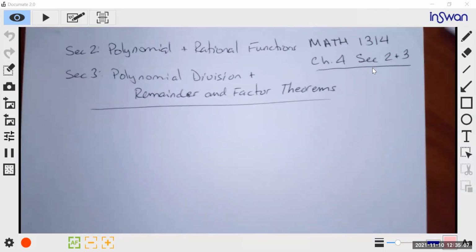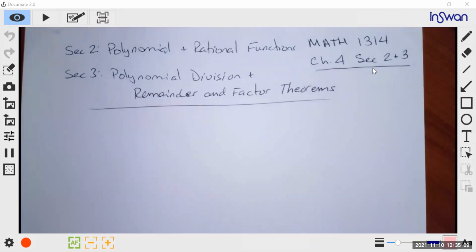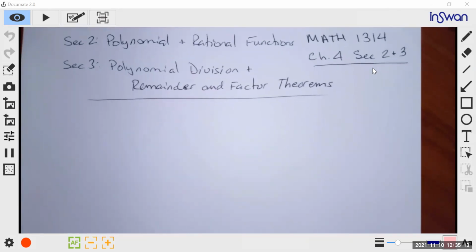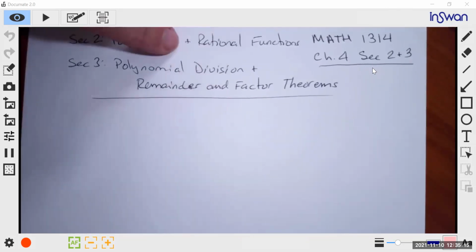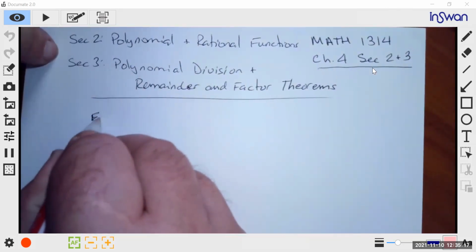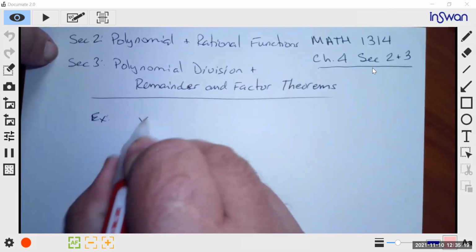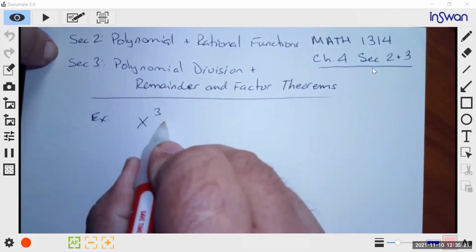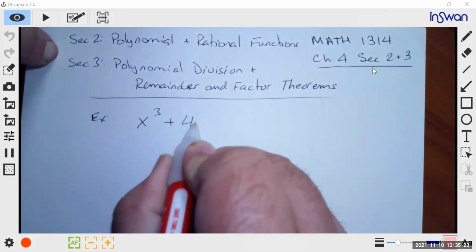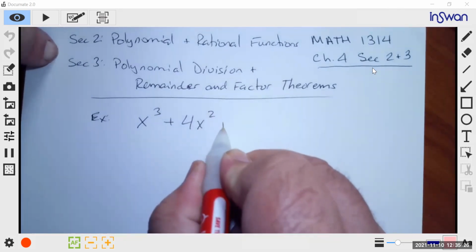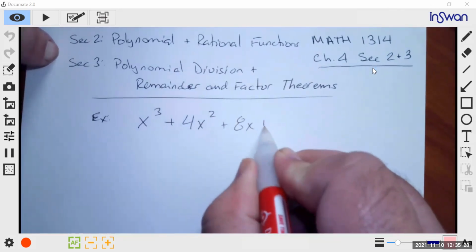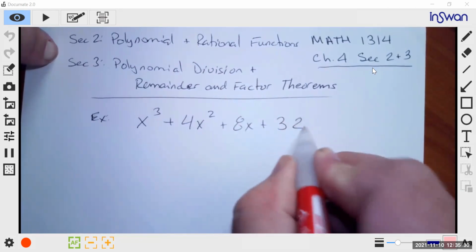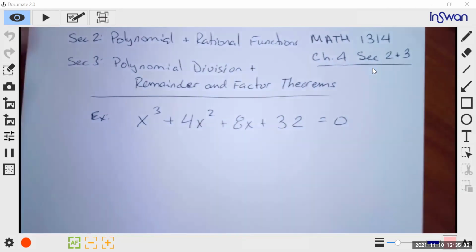Now we're getting close to being able to solve our own equations. For example, x cubed plus 4x squared plus 8x plus 32 equals 0.